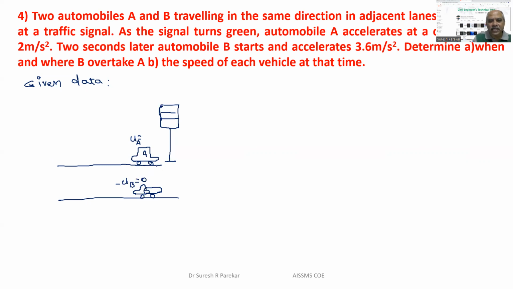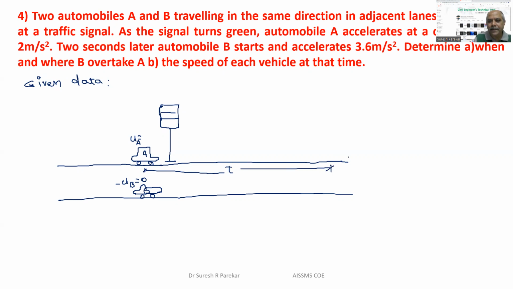Then the acceleration of this is given, and after some time, both are at the same distance. So let this be the time of travel for this, and the second will be here. Now the acceleration for A is given 2 meters per second square, and for B it is given 3.6 meters per second square.